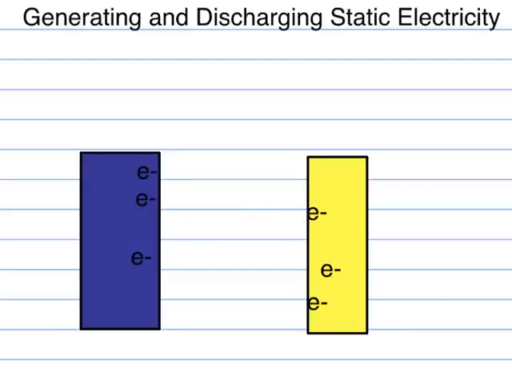And it's that movement of electrons which causes static electricity.